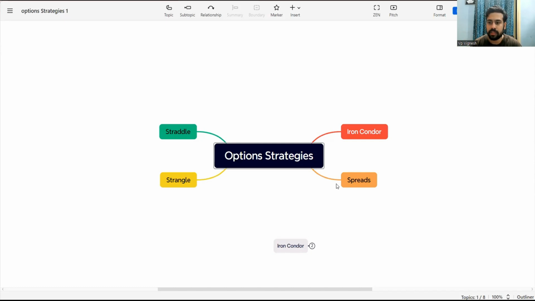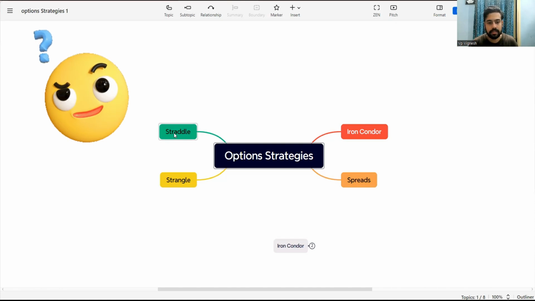And in this video we are going to see something about non-directional strategy. Non-directional strategies: if it stays within a certain range, with the risk reward ratios we can earn in options அப்படின்றது பார்ப்போம். And there are different strategies like straddles, strangles, iron condors, and spreads.